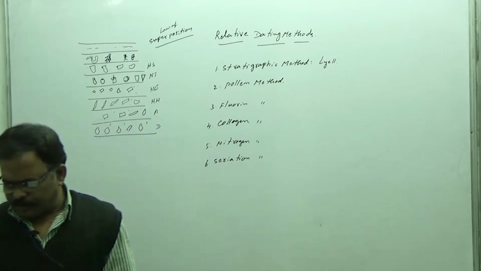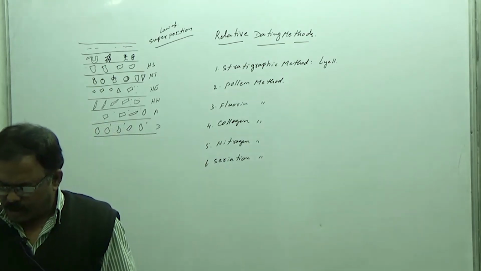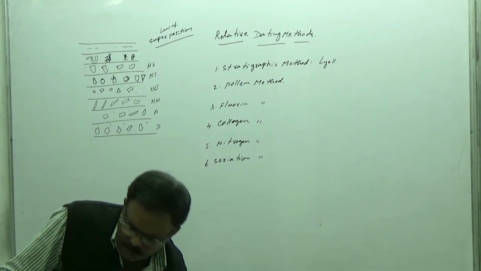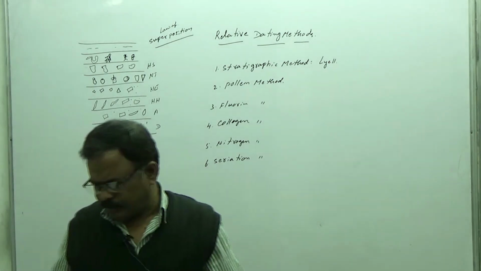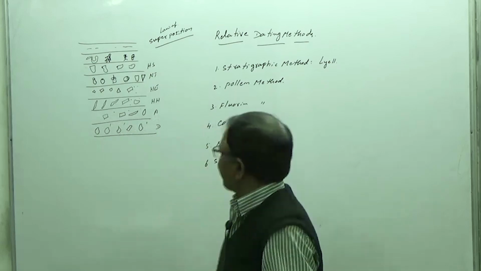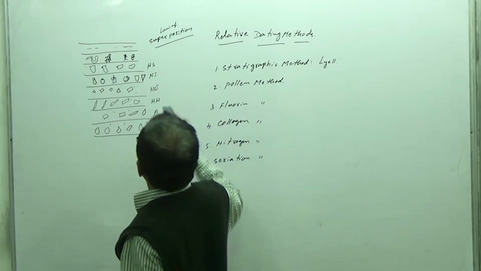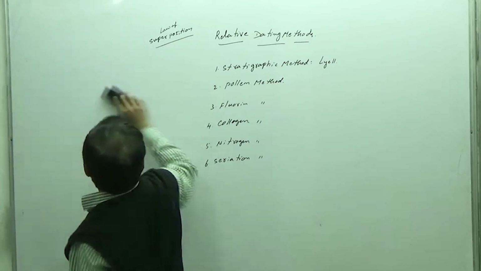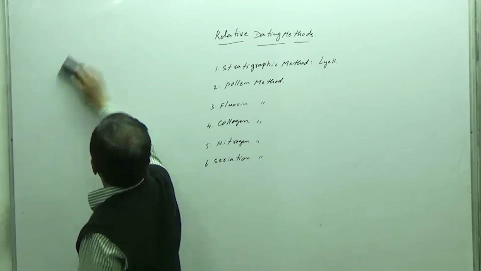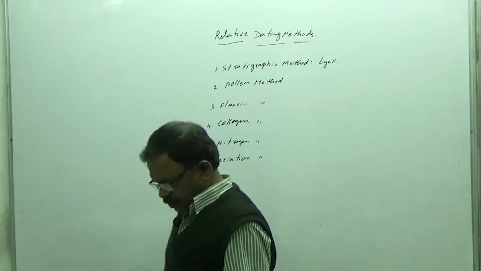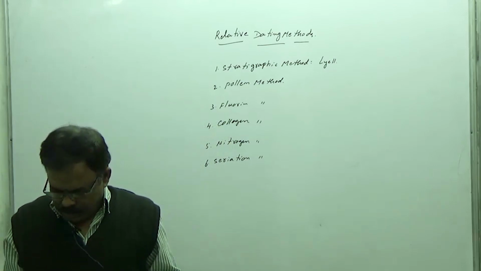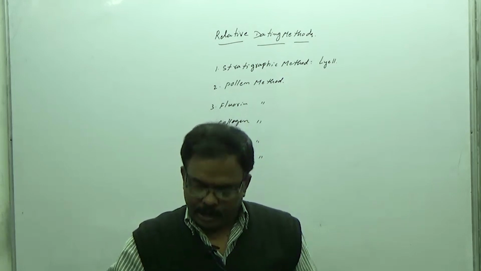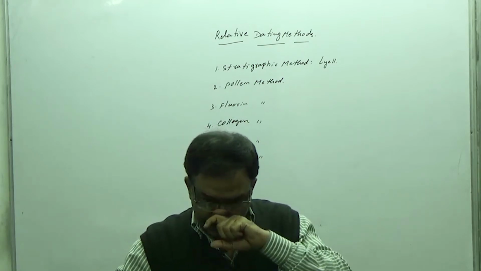So, stratigraphic method, geological method, law of superposition. Then, pollen analysis. See, pollen analysis is a botanical method. Write it directly.